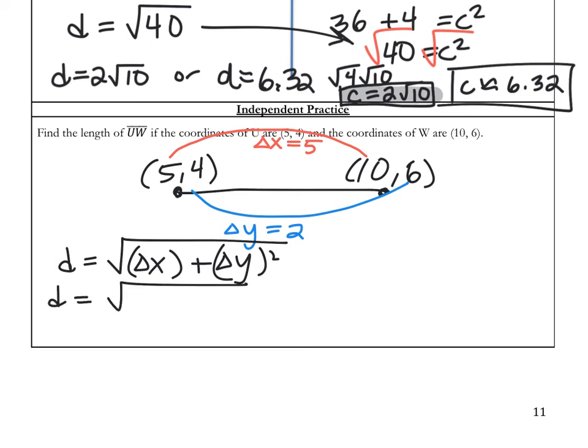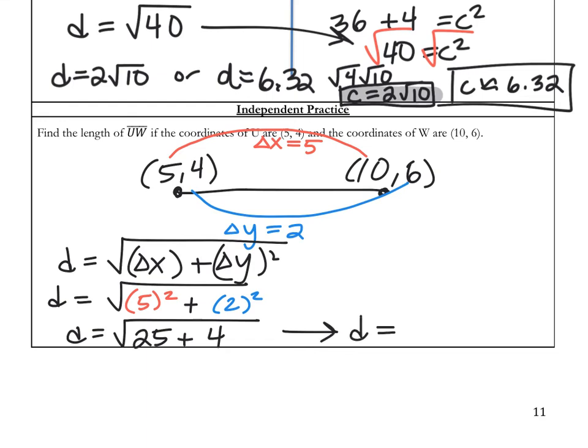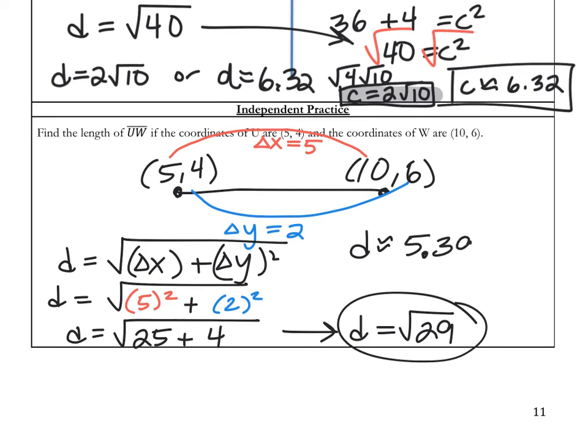You're doing 5 squared plus 2 squared. So that would be 5 squared is 25. 2 squared is 4. Add those up. Distance is square root of 29. You can leave it like that because it can't be simplified. Or if you type it in your calculator, it's going to be approximately 5.39 for our distance.